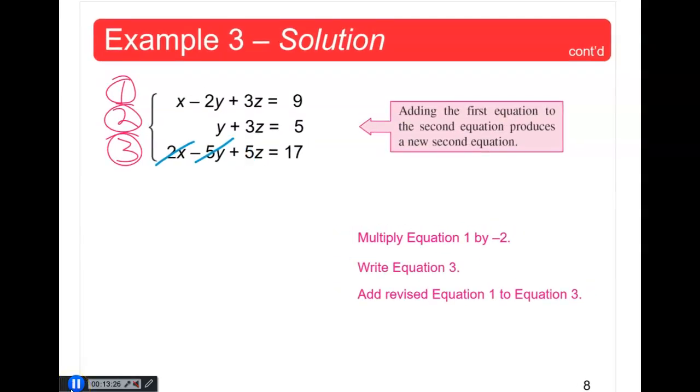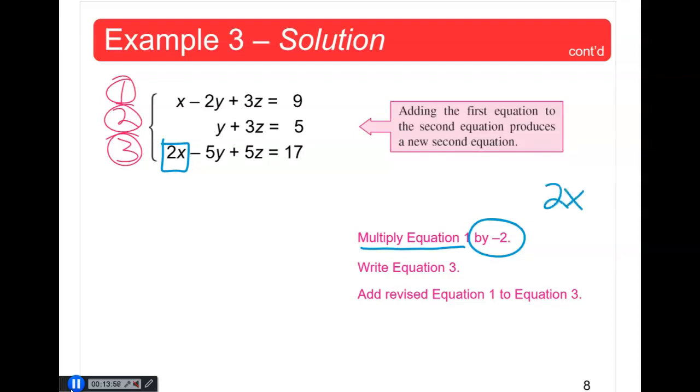So we also want to make the coefficient of the z a 1, but we can't just do that using magic. So what we are going to do is take equation number 1, like it says here, and multiply it by negative 2. Why by negative 2? Well, if you notice, the x in equation number 3 has a coefficient of positive 2.